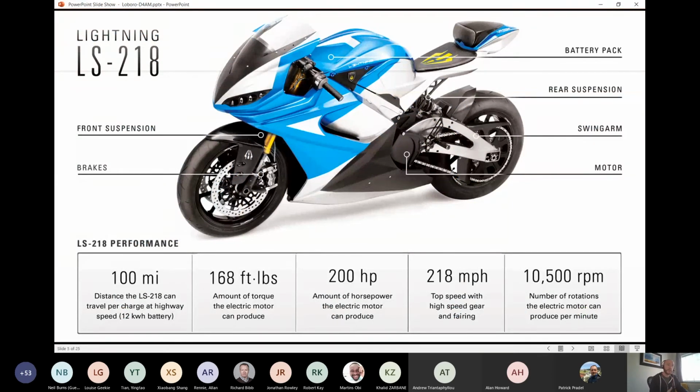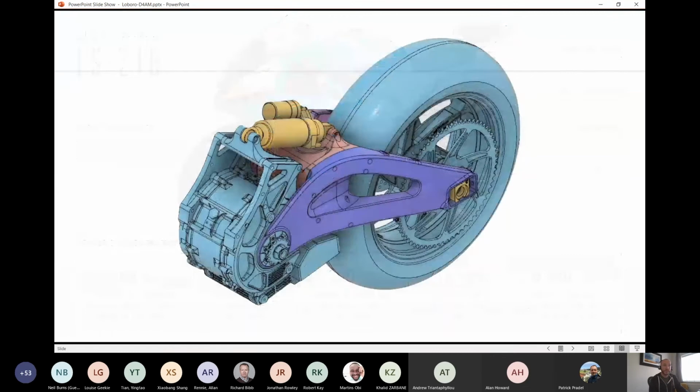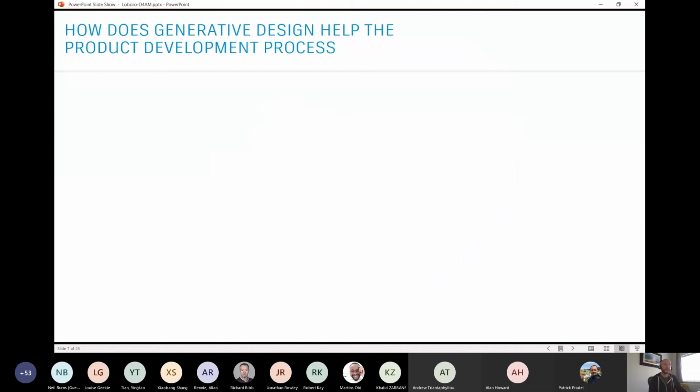The first of all is with a company called Lightning Motorcycles. They came to us asking, how would we go about designing a swing arm for the rear of the motorbike?